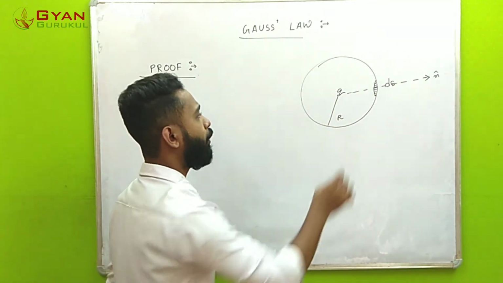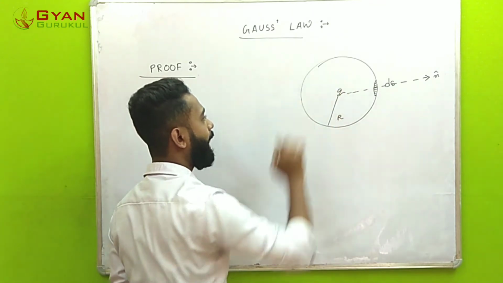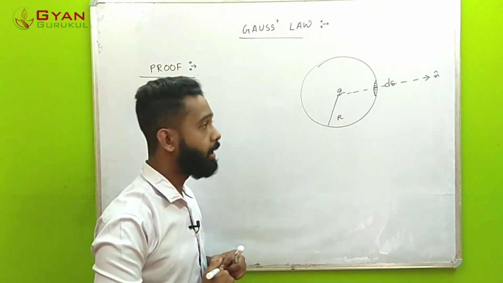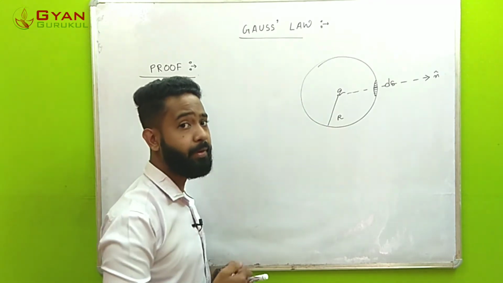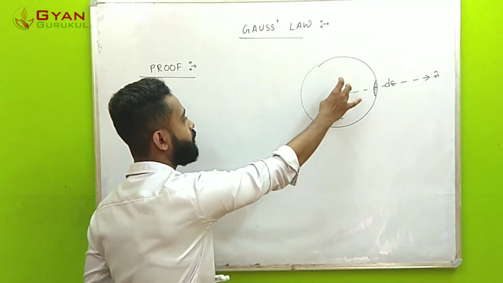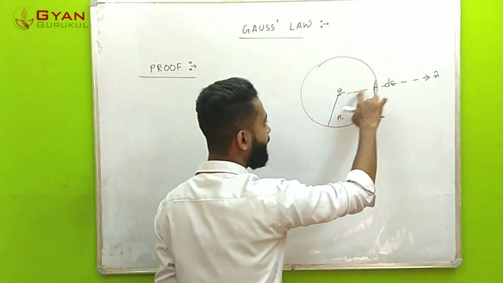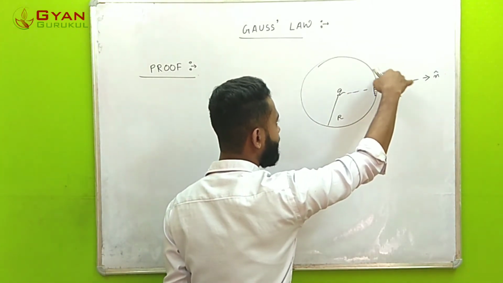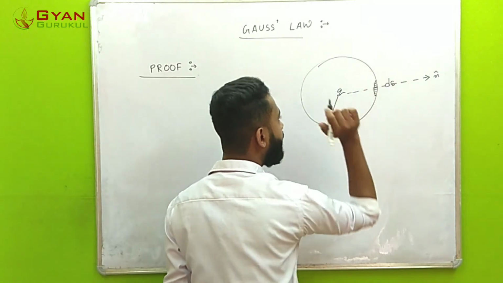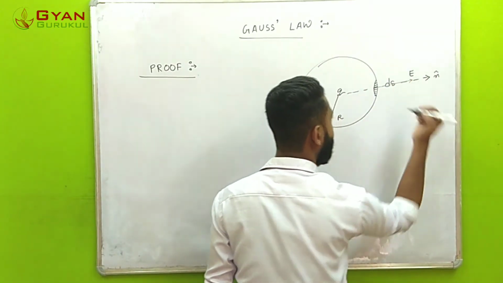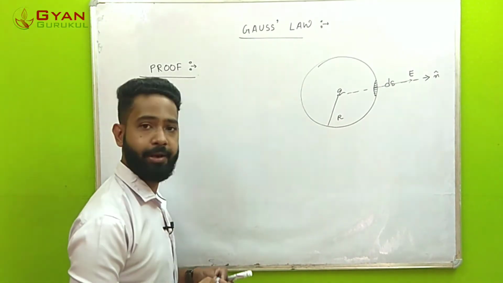Now again, for this particular charge, if I ask you to give me the direction for the electric field, that direction would again be radially outward, since it's a positive charge. So the direction of the electric field would be in the same direction, that is along the area vector.